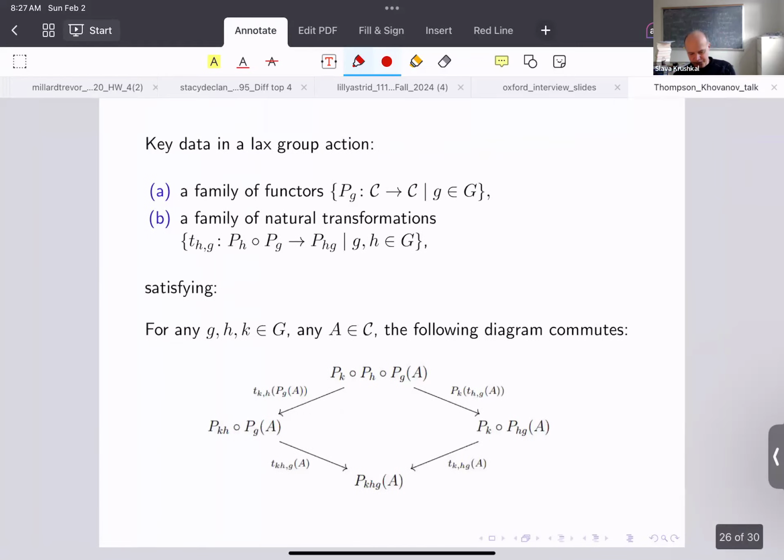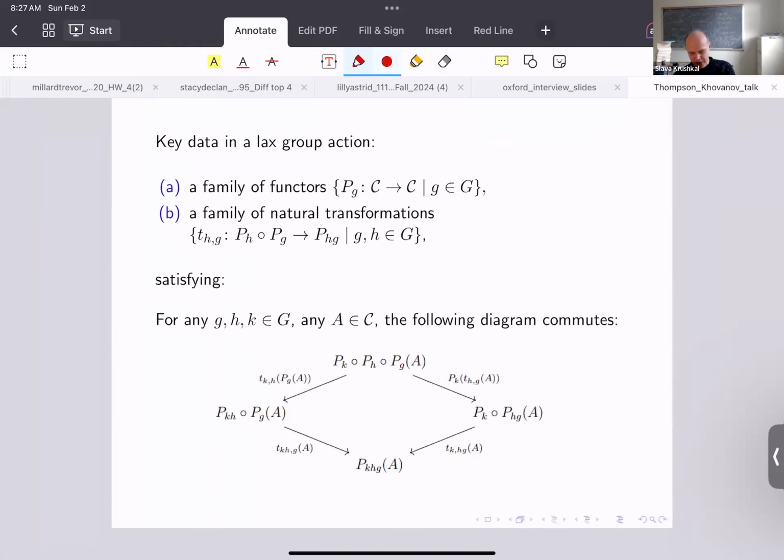But in our case, this group action is going to be lax. The entire definition is quite involved, but there are two key things that I'd like to focus on, and then there's a key axiom that has to be satisfied. The two key pieces of data are these functors that correspond to group elements.